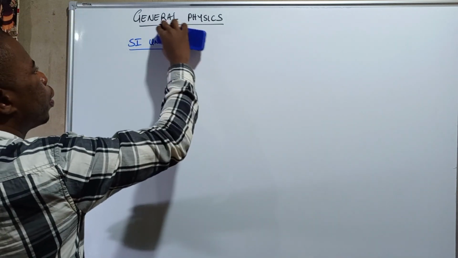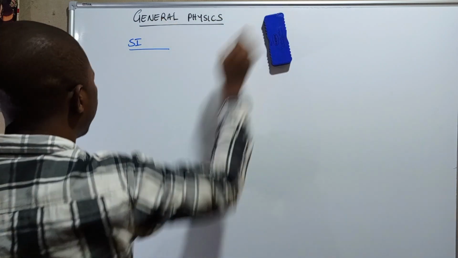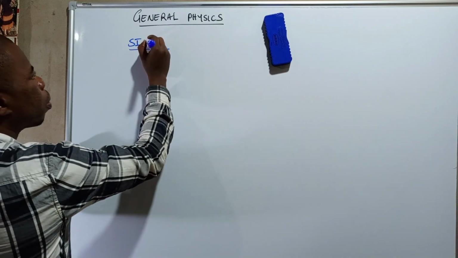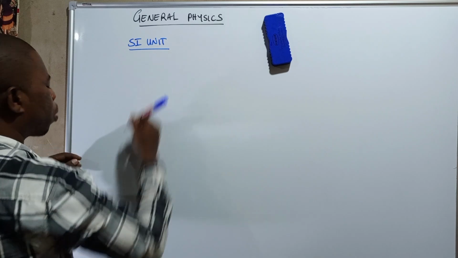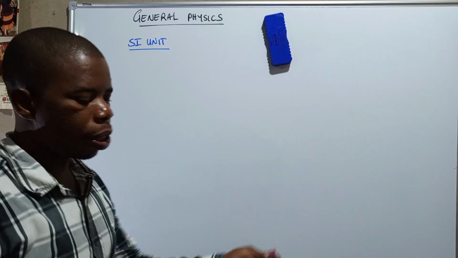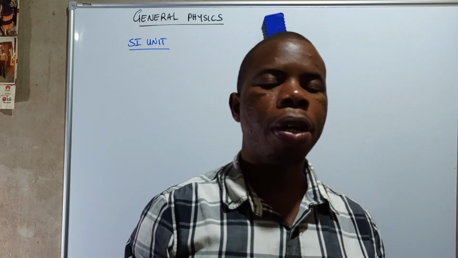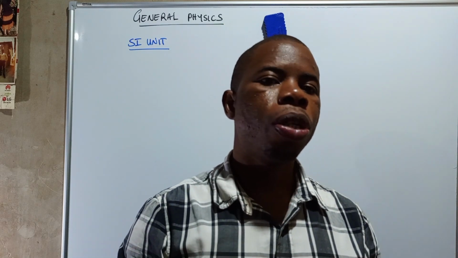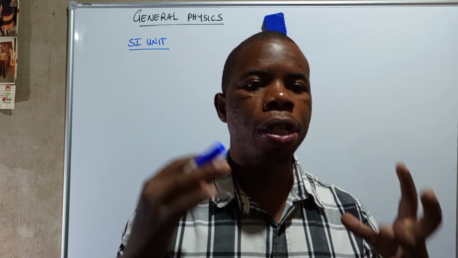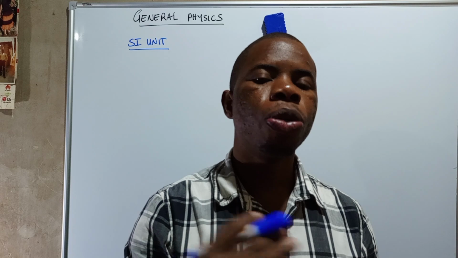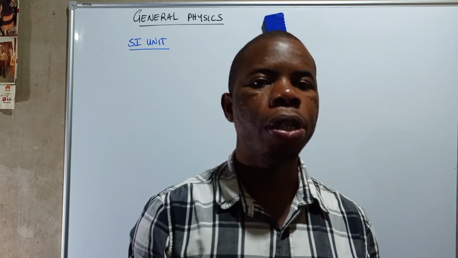Let me even write it properly. Unit. Very, very important in science. So, what is a unit? A unit is a standard measure to which a measurement is compared, or it is a standard size to which a measurement is compared. That is what a unit is.